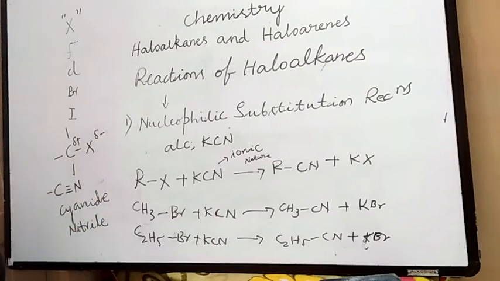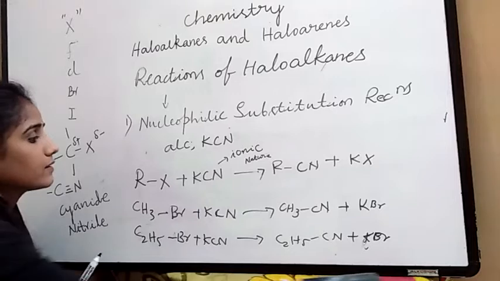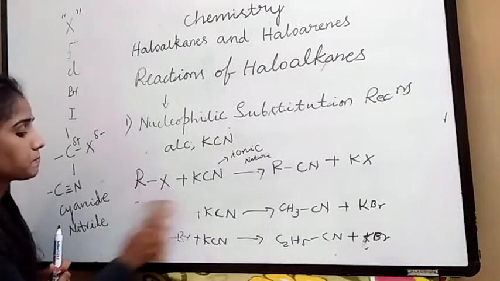This is a general reaction of haloalkane reacting with potassium cyanide. Alcoholic KCN is ionic in nature. This is about reaction with KCN.